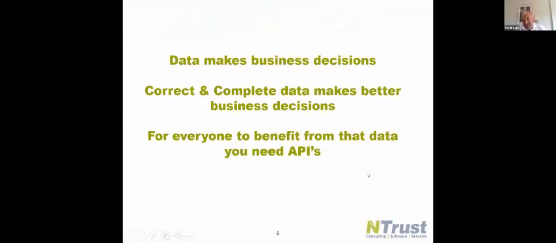I'm just going to finish with this. At the start of the presentation, Peter mentioned how important data is. Now, we all use data to make business decisions. But if we can have a complete data set, and importantly, a correct data set, we are going to make better decisions. We're going to have better pricing moving forward.